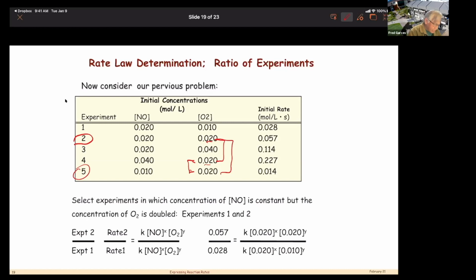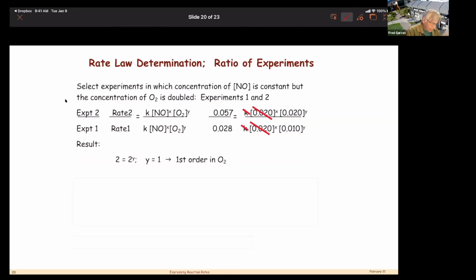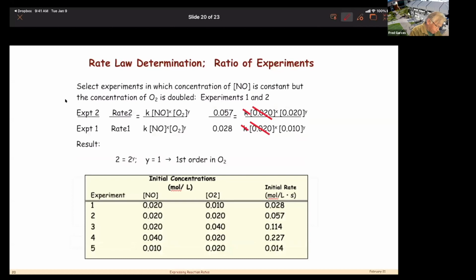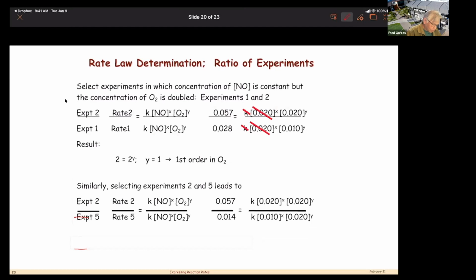What you see here is that the oxygen will not play a role in the change of the rate because they're the same. It's only the concentration change of NO that plays a role. Okay, this is the answer for the first part. So again, we're going to pick 2 and 5. Again, I put 2 on the numerator because it has the bigger rate, and I put 5 on the denominator because it has a smaller rate.